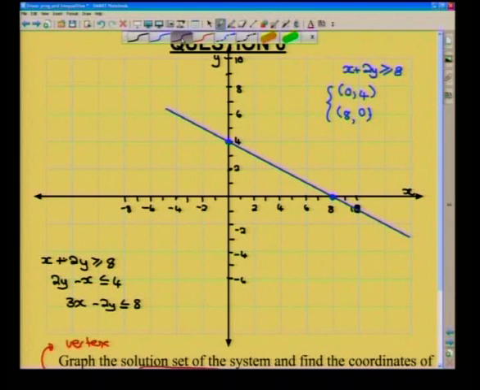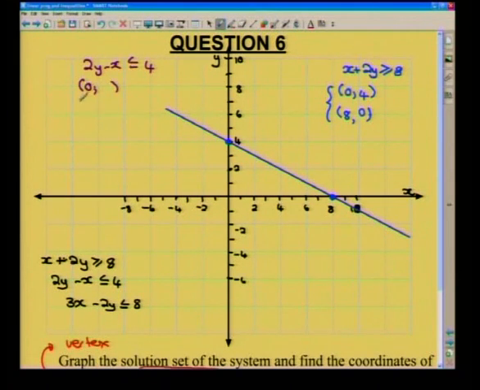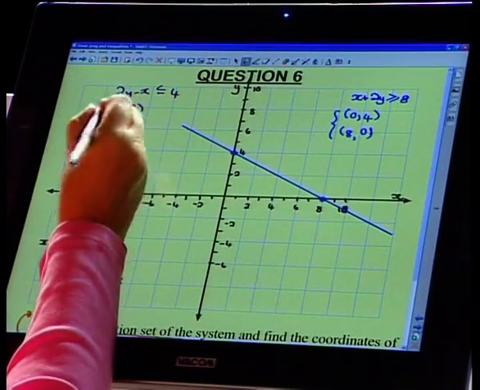Right, the next one, let's do it in purple. The next one is 2y minus x less than or equal to 4. Okay, again, if x is 0, and if y is 0. So if x is 0, I block that up. That means 2y is less than 4, which means y is equal to 2. And if that's 0, x is equal to minus 4.